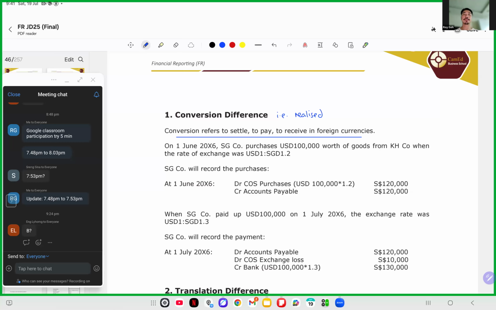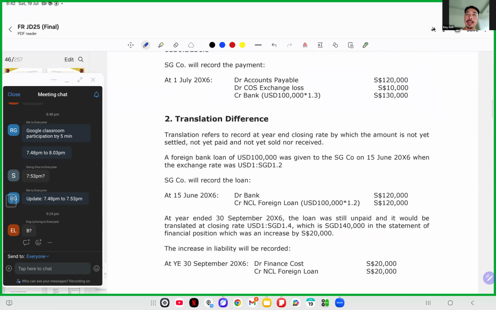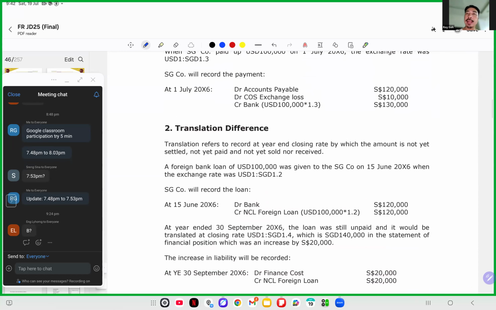This is called realized. But you don't really see the word realized in the accounting standard. At your workplace, you hear the words realized and unrealized. Translation is not yet settled, not yet paid. That means you say it is unrealized. But I must remind you, we do not use the words realized or unrealized in IAS 21.